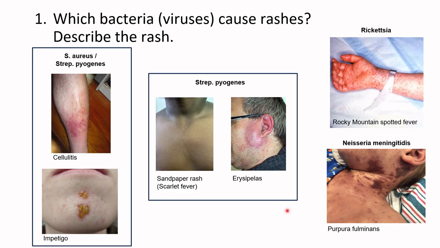You might think about some other ones, so you might think about Borrelia, for example. So there we have this bullseye appearance, which you can also call a rash by our definition, and typical for Lyme disease, for Borrelia.